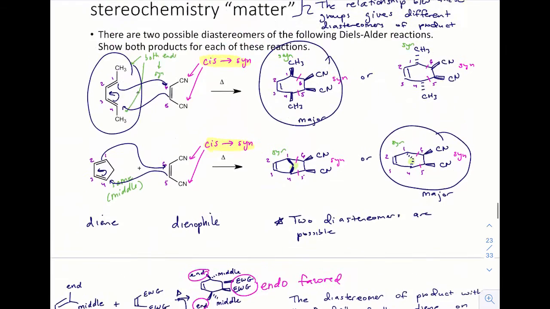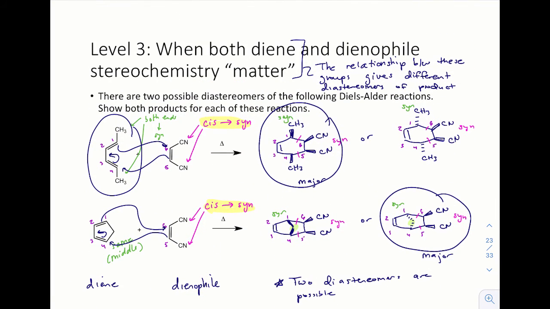Looking up at the previous slide, you can see the favored product in reaction number 1 has the ends of the diene syn to the electron withdrawing groups from the dienophile. So this is indeed the endo product. In the second reaction, the substituent on the diene is actually occupying the middle position.